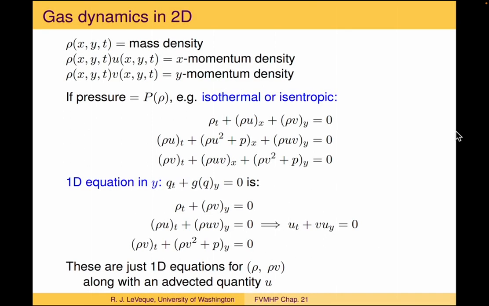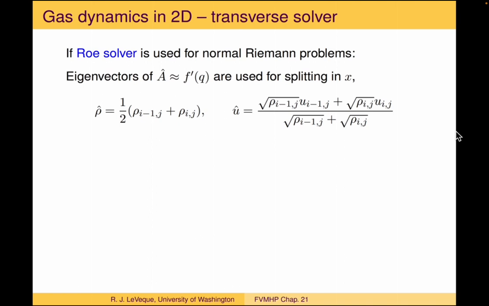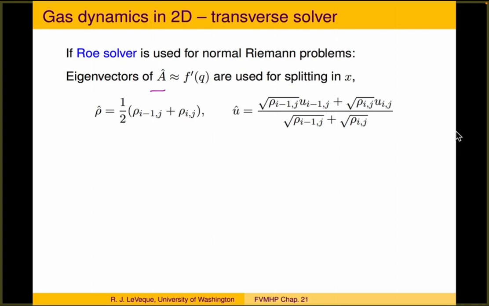And then if we want to add in a transverse Riemann solver, we need to figure out what eigenvectors we use to split things in the transverse direction. And if, for example, we're using a Roe solver for our one-dimensional solver in the x or y direction of the sort we just talked about, we would often use an approximate Riemann solver like a Roe solver. Then remember, the Roe solver solves a linear system of equations where instead of q_t plus f(q)_x equals 0, we use q_t plus A hat q_x equals 0, where A hat is some approximation to the Jacobian matrix.